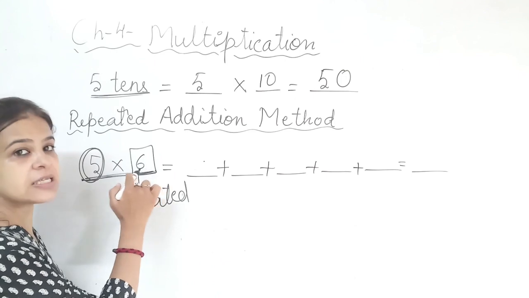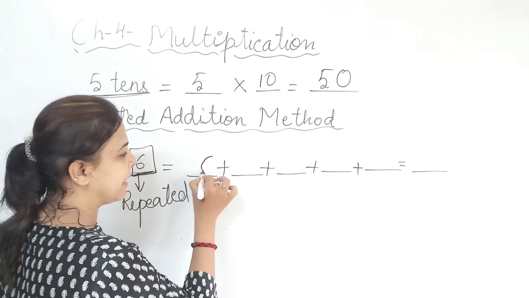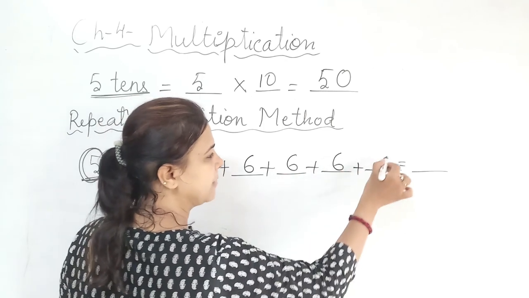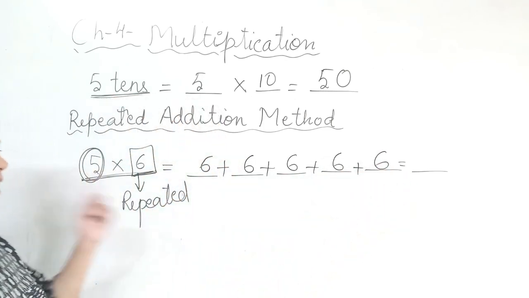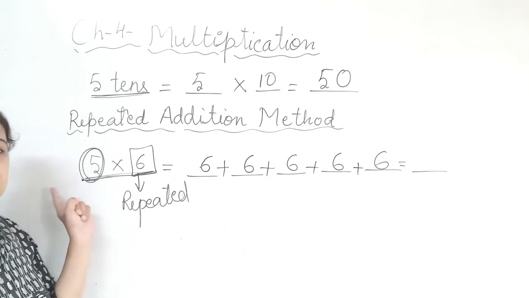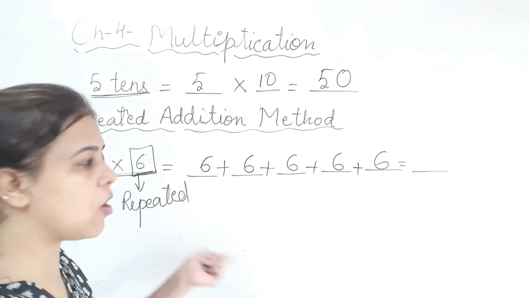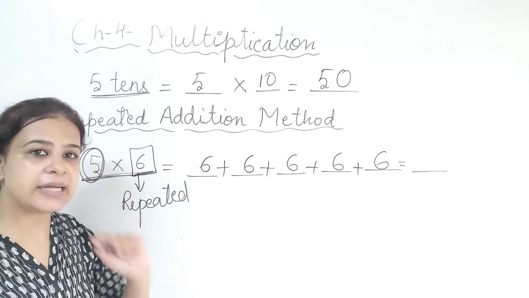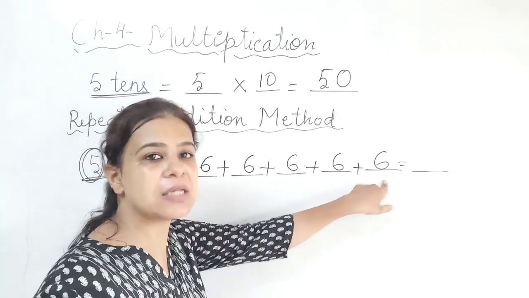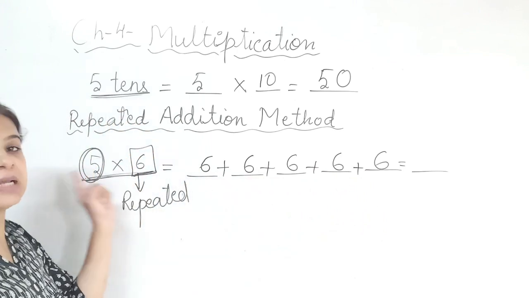This number is repeating, 6. So I will write down 1 times 6, 2 times, 3 times, 4 times and 5 times. Why 5 times? Because this first number is the number of groups, or you can say the number of times. So 6 plus 6 plus 6 plus 6 plus 6 means 5 times 6.